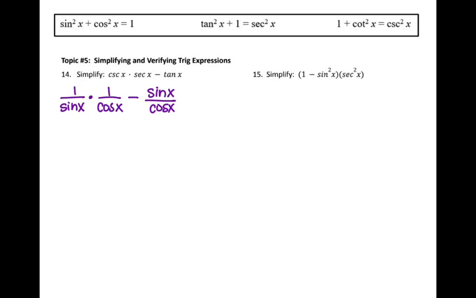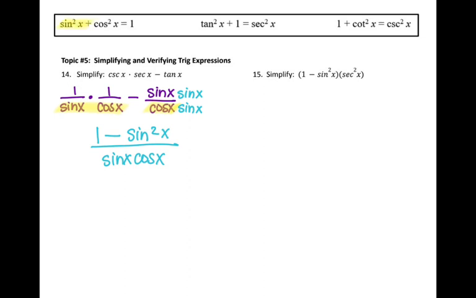So if I look at this denominator over here, it has both a sine and a cosine. This denominator only has a cosine. So what I'm going to do is I'm going to multiply this fraction by sine of x. So for this fraction over here, my numerator is 1 minus this, sine times sine is sine squared, all over my common denominator, which was sine of x, cosine of x. And then from here, I do need to simplify further. So one thing that I notice is I have 1 and a sine squared.